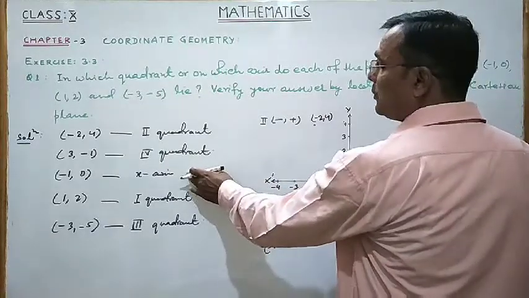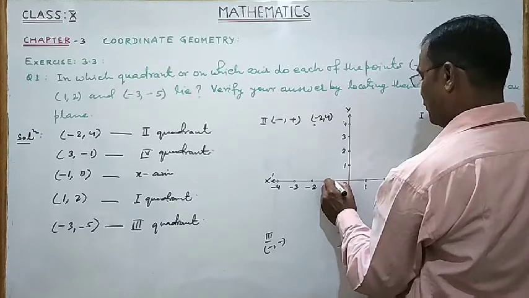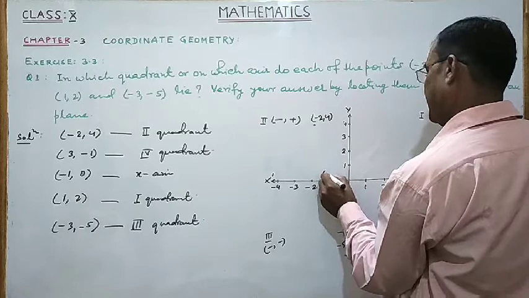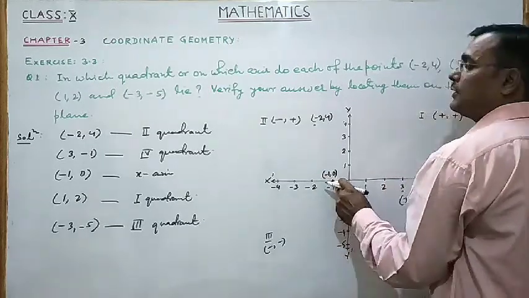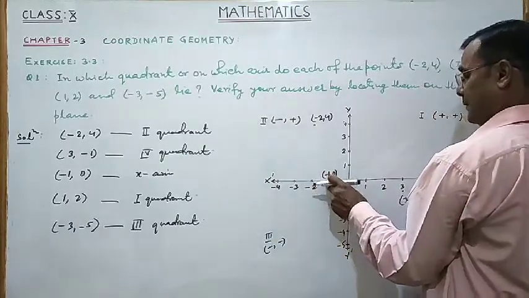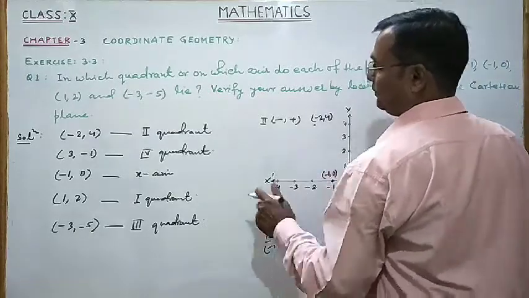Third point (-1, 0). X equal to -1, y equal to 0, so it will be this point (-1, 0), and it lies on x-axis, or at the most you can say it lies on negative part of x-axis.